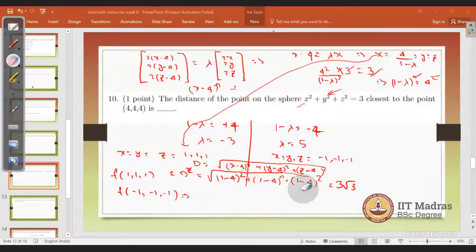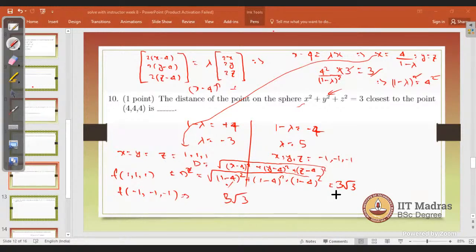So minus 1 minus 4 square, minus 1 minus, 5 right, root 3. That's correct. It will be 5 root 3, because it's minus 4. I was thinking 1 plus 1 here. Okay, 5 root 3.